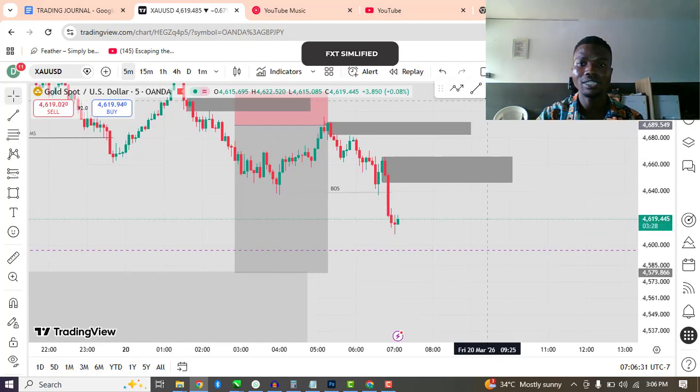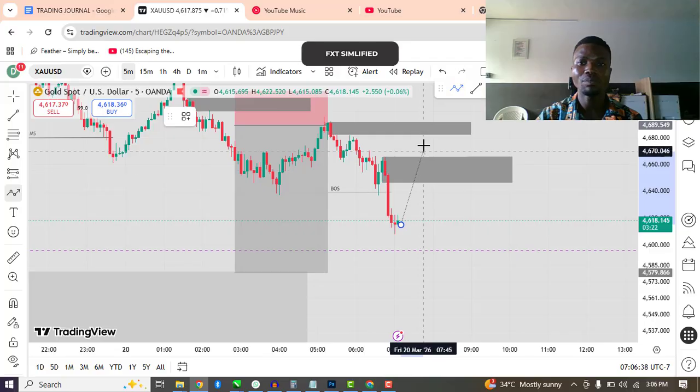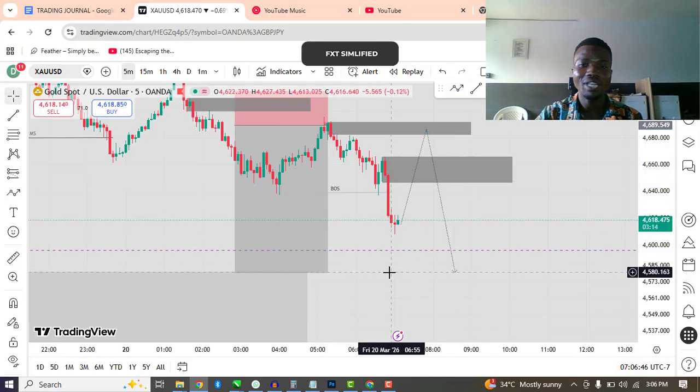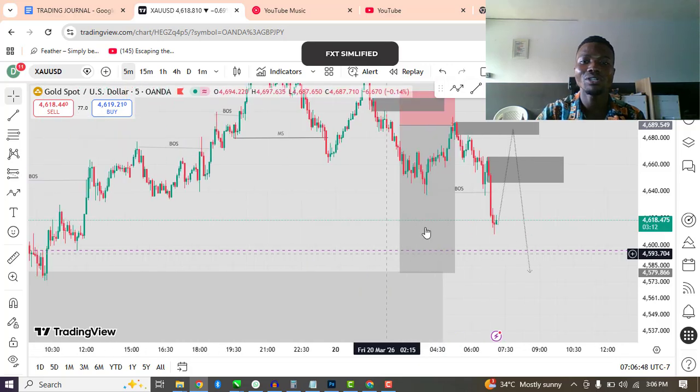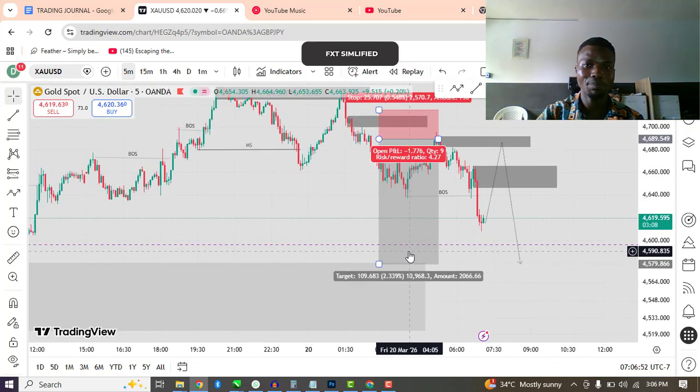What price can do now is reverse all the way up here, and if this fails, it may come all the way up here as well before it starts this push down. Either way, let us see the result of this trade, because I'm going to leave it to run to my TP.